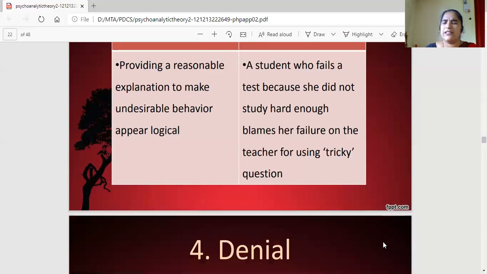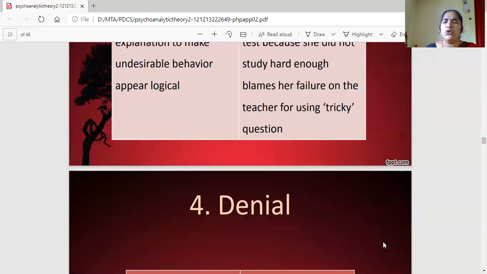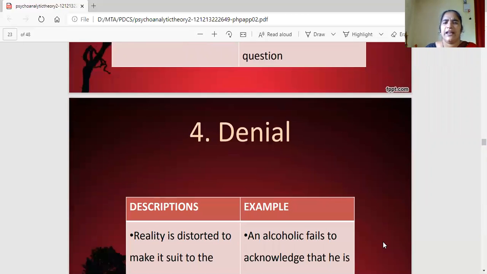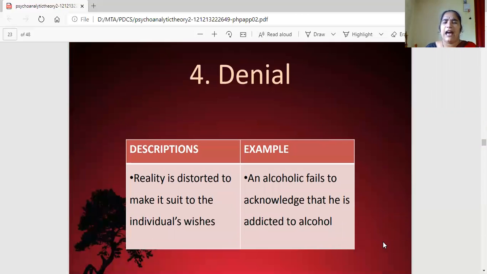And the next thing is denial, means simply saying no, that I didn't do it. So you're just denying or lying that this is not your mistake. So denial means you are trying to distort or manipulate reality based on the needs and situation which suits you.